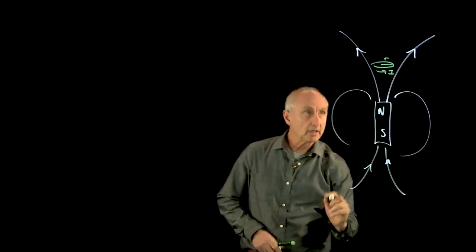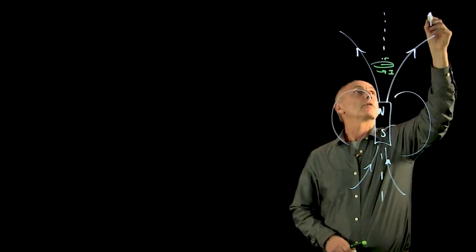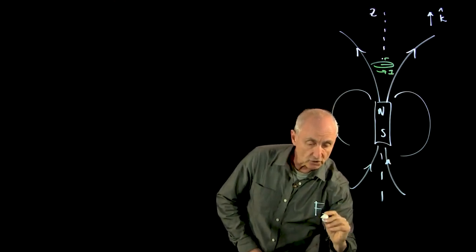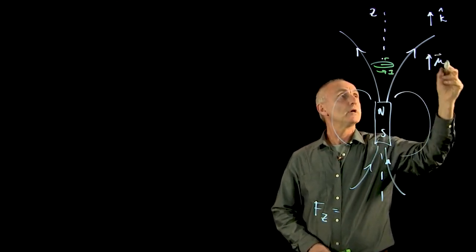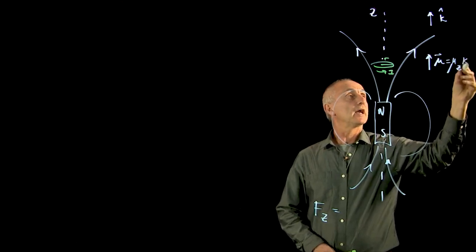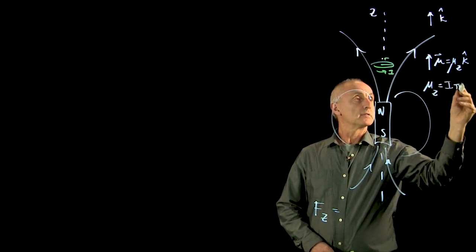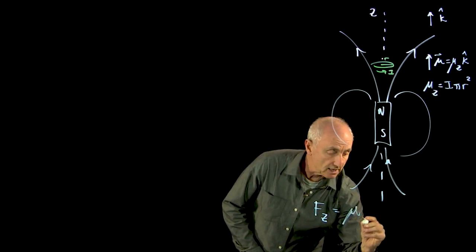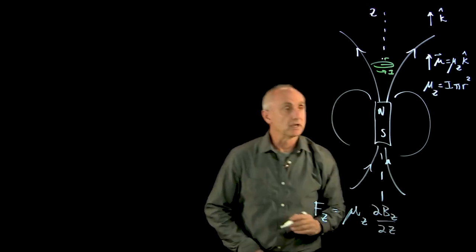And our claim will be that if we define a symmetry axis here, call it the z-axis in our k direction, the force on this current loop, which, remember, is a little dipole mu equals mu z k hat, where mu z is the current times the area of the dipole, is this: the z component of the force is mu z times the gradient of the magnetic field.